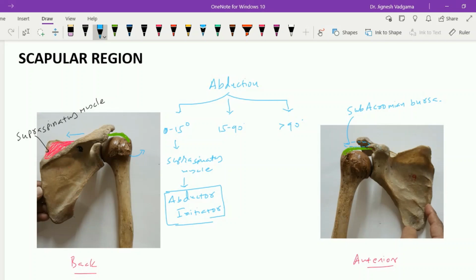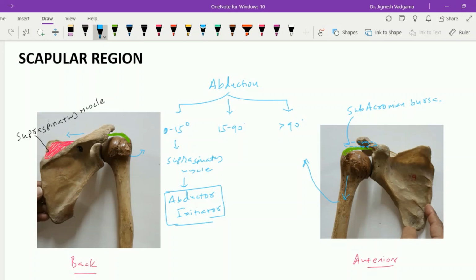When subacromion bursitis occurs, the patient feels pain when we put our finger on the acromion process when the humerus is lying by the side of the body. But when the patient is asked to abduct the shoulder joint, it will lead to disappearance of this subacromion bursa under the acromion process, and that's why the pain disappears when we put the finger at the same point.